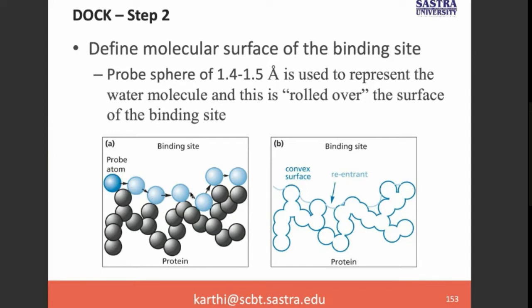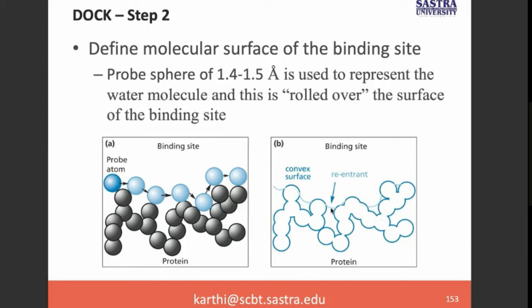Literally, it will roll and make contact at certain positions. Here, if you look, this is the path traced where the water molecule made contact with the van der Waals radii of atoms lining the binding site.